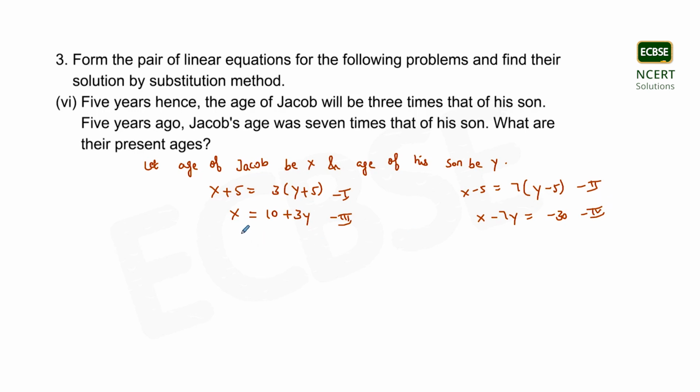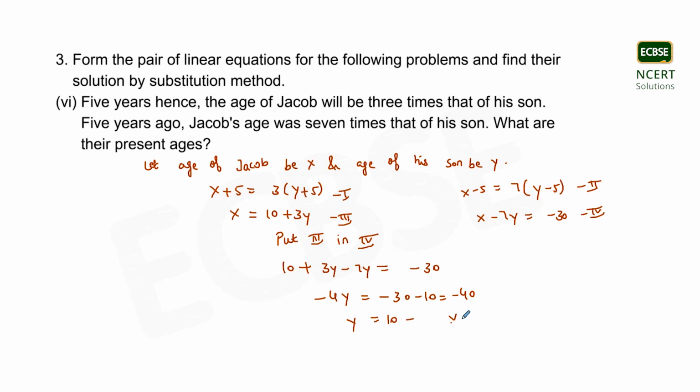Now substitute this value of x, that is put third in the fourth linear equation. Substituting the value of x in the fourth linear equation, it comes out to be 10 plus 3y minus 7y is equal to minus 30, or minus 4y is equal to minus 30 minus 10, which is equal to minus 40. And y comes out to be equal to 10.